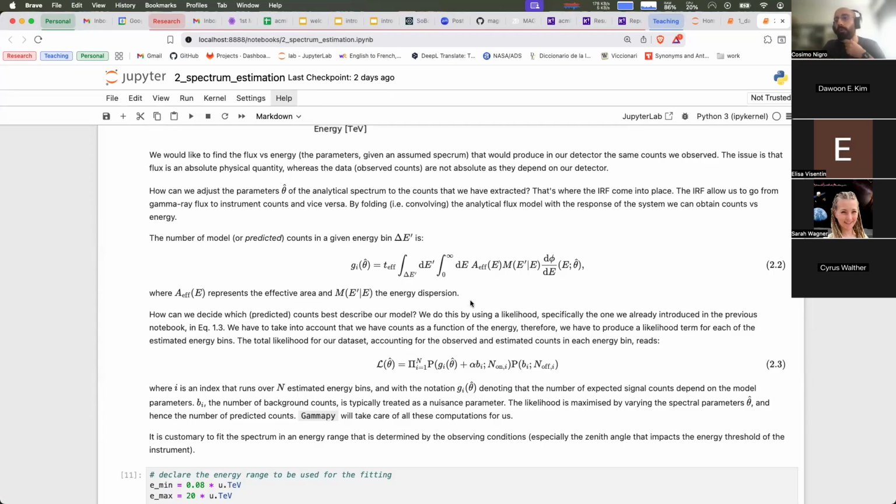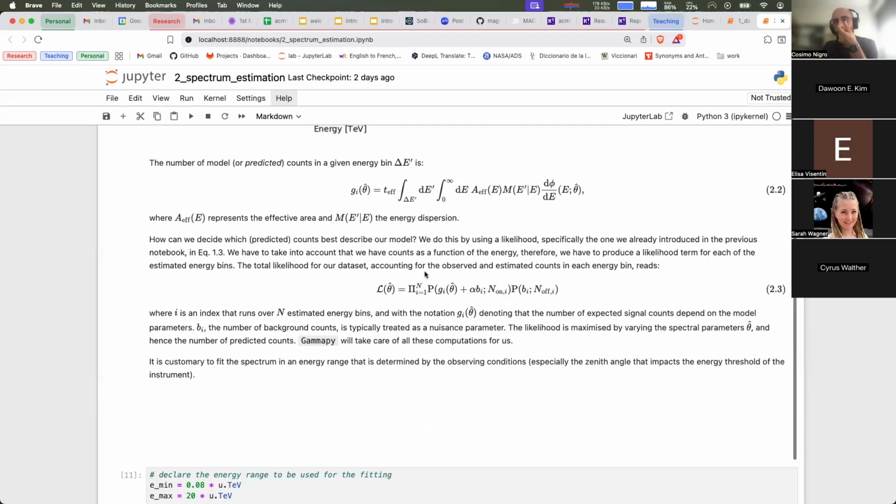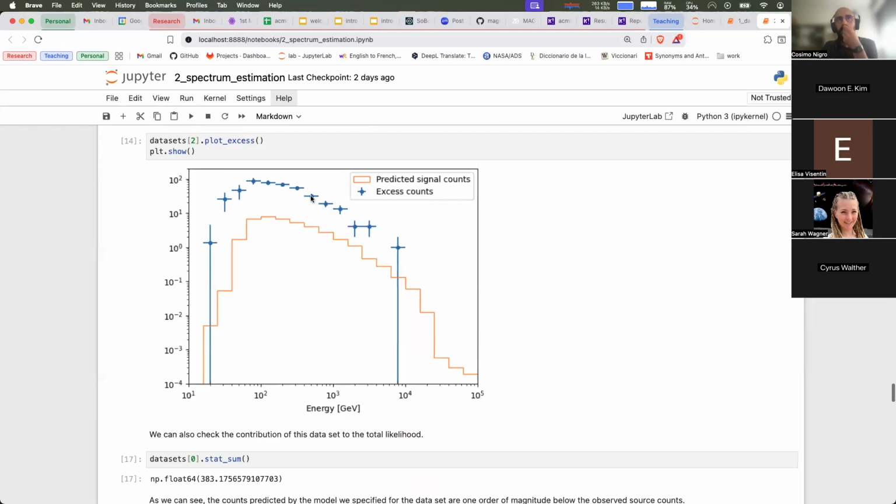Remember, all IRFs are functions of true energy because we build them from the Monte Carlo. So when we are doing forward folding, it is recommended to use a larger binning in true energy than in estimated energy because we are integrating in this dimension. And for estimated energy, we are just integrating over a bin because we just want to know the counts in this bin, okay? So imagine that here there is another energy axis, the true energy axis, and this is the estimated energy axis, and we want to have that axis finer to integrate over it.